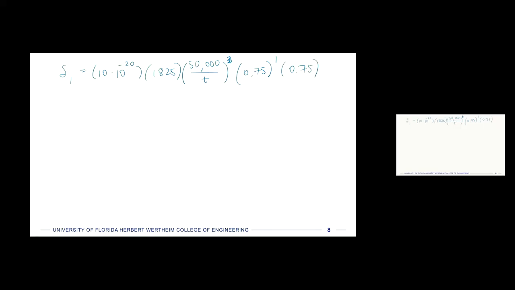And if we plug in for delta 1 here, 0.03, we come out with 0.03 is equal to 0.00222 times t to the minus third power. So I just left everything on its same side. And so that's the equation that we're solving.